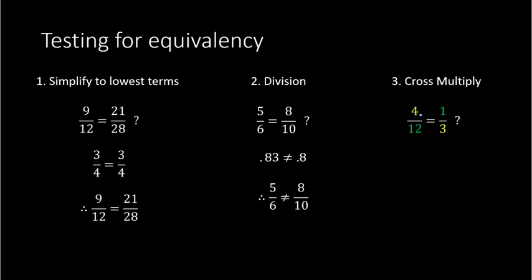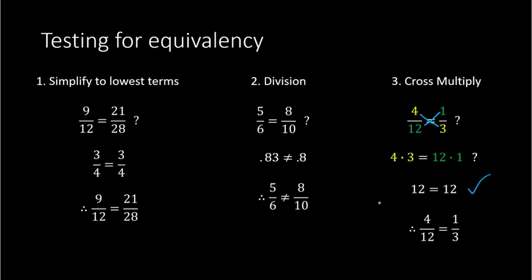You multiply across, the 4 and the 3, 4 times 3, and then multiply across the 12 times 1. If you do that, 4 times 3 on the left, 12 times 1 on the right, we have 12 equaling 12. Because that is a true statement, we can conclude that therefore the fractions must be equal as well. So cross multiplying is a third technique that we can use.